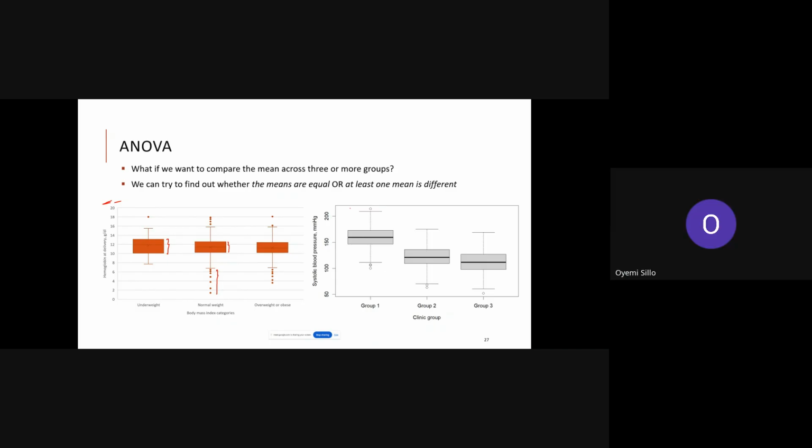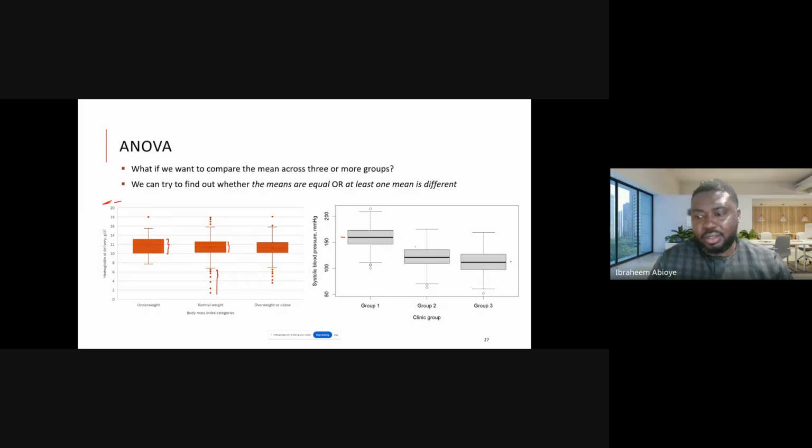Okay, the mean systolic blood pressure is highest in group 1, compared to group 2, and then group 3 has the lowest mean systolic blood pressure. Very good.